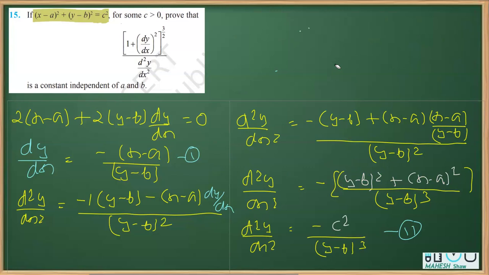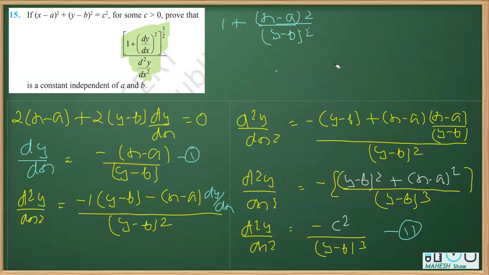Now finally we are going to plug in these values into the to-prove part, where I'm going to replace this dy by dx and d square y by dx square. So we'll have 1 plus the square of dy by dx, right? The square of this will be positive (x minus a) squared over (y minus b) square.